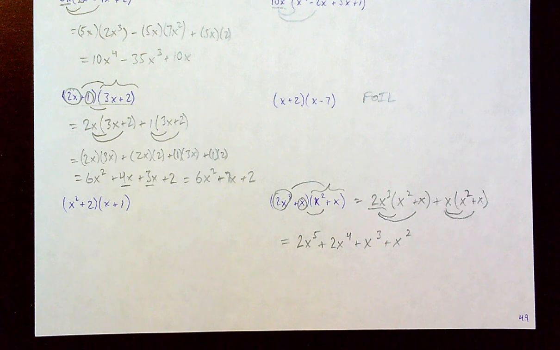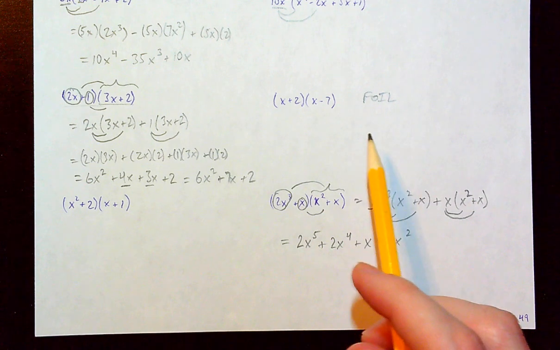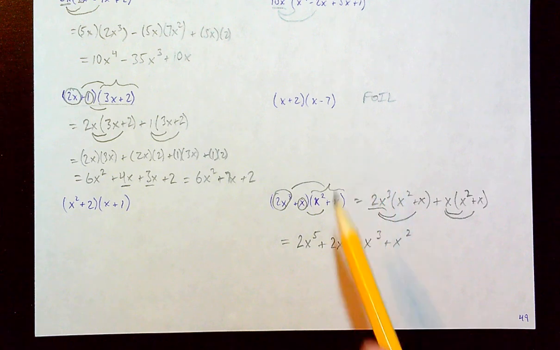It doesn't help us if we are multiplying, say, a binomial and a trinomial, or a trinomial and a trinomial, or something like that. FOIL only works in one particular case.